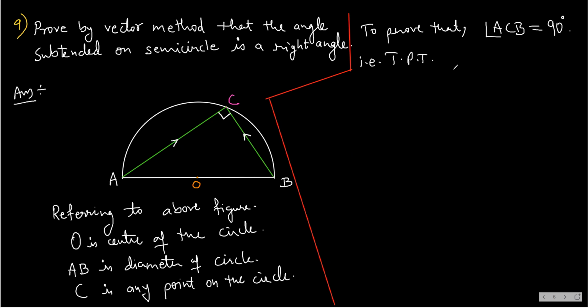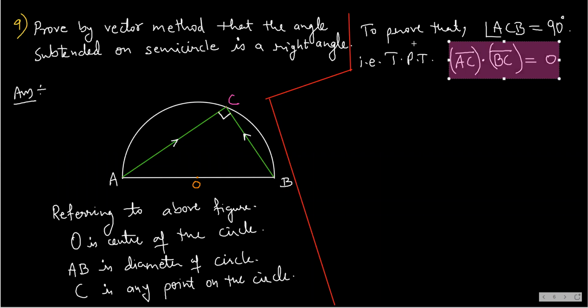That is, to prove that AC bar dot BC bar is equal to 0. As you know, students, if the dot product of two vectors comes out to be 0, then the two vectors are perpendicular to each other. So this is what I have to prove. This is my aim. If I could prove this, I have answered the question.